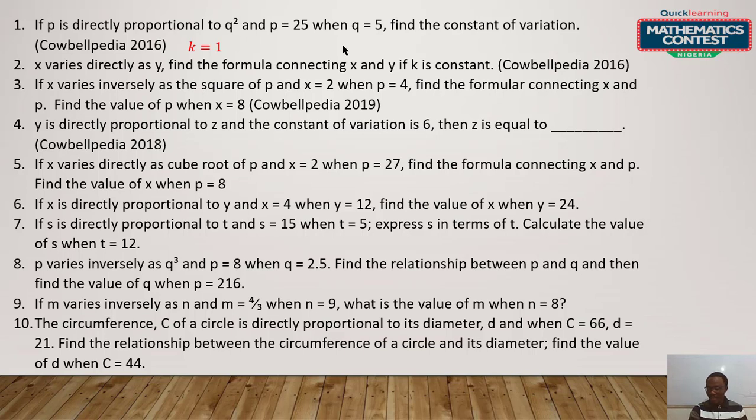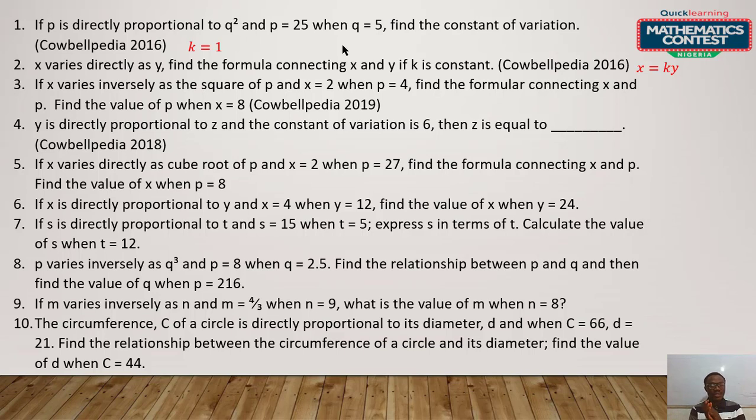Anyway, I'm the quiz monster here, so I choose to stop. And the time says time up. So the answer is x equals ky. It's actually very simple. If x varies directly as y, it means if I remove the proportionality sign, it becomes x equals ky. Solve number 3 for me.